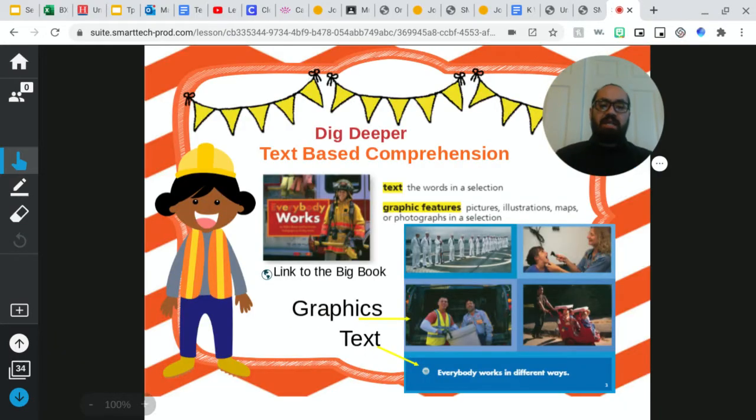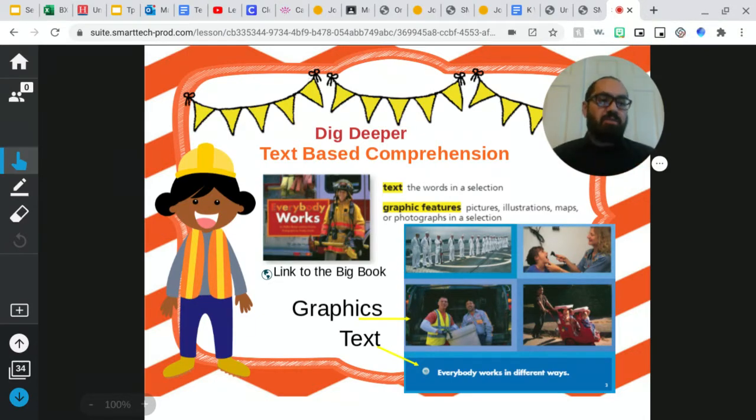Okay, so today, day 3 is always the digging deeper day. Everybody get your shovel and dig deeper, dig deeper, dig deeper. We're digging deeper, right? Today, when we dig deeper, I want you to focus on text-based comprehension, okay? That means understanding the text with graphic features, right?